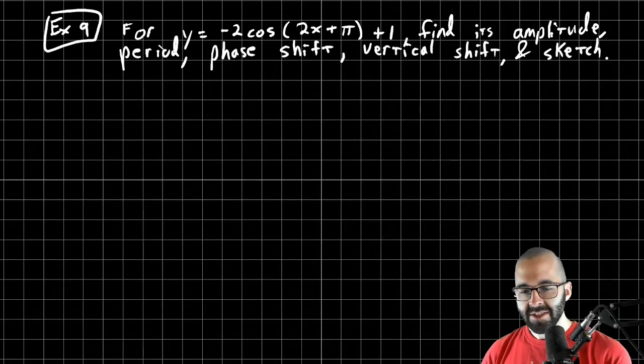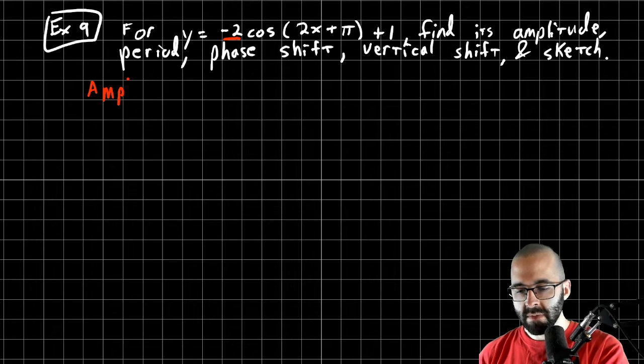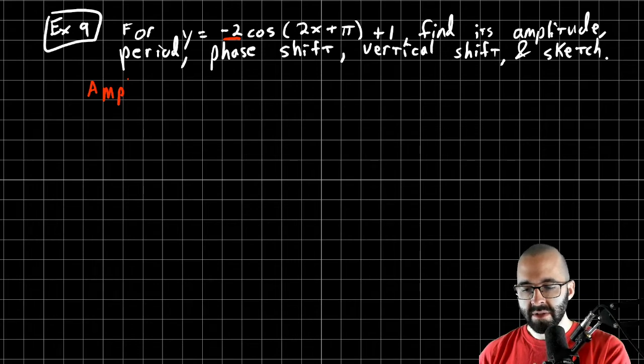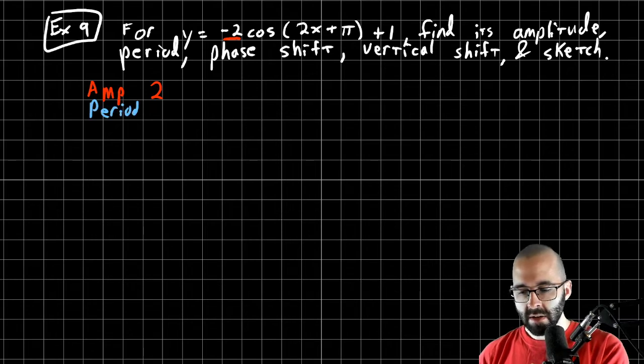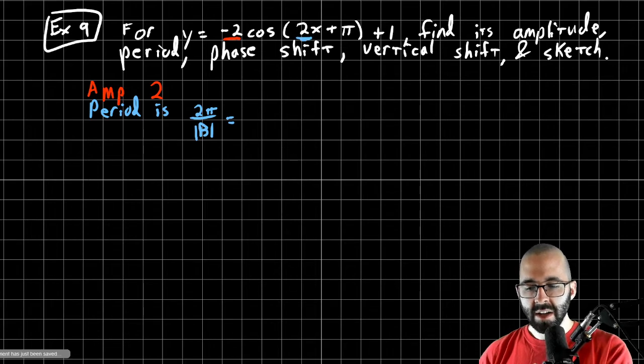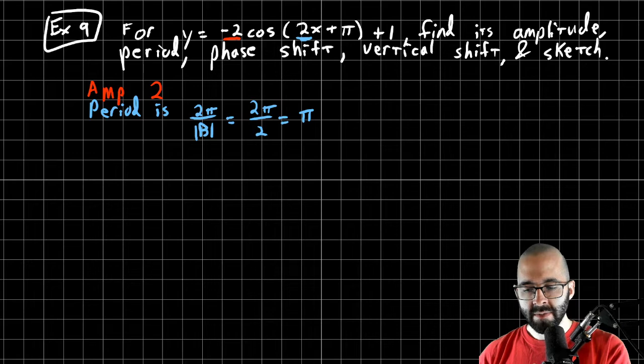All right. So let's just go one by one. Amplitude. Amplitude is the absolute value of A. So here, the absolute value of A is +2. The period is 2 pi divided by the absolute value of B. Our B value is 2. So 2 pi divided by 2, our period is pi.